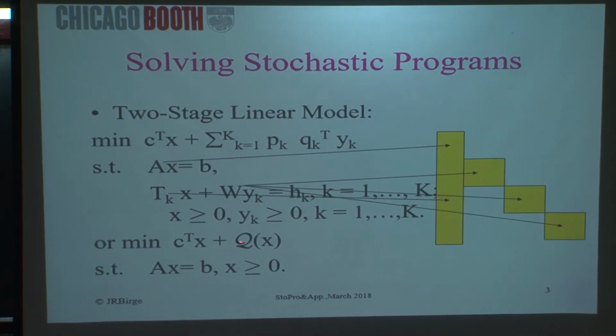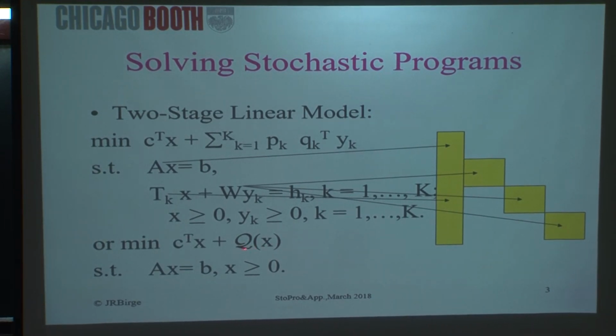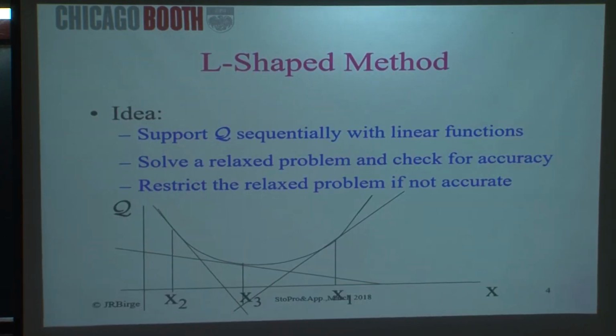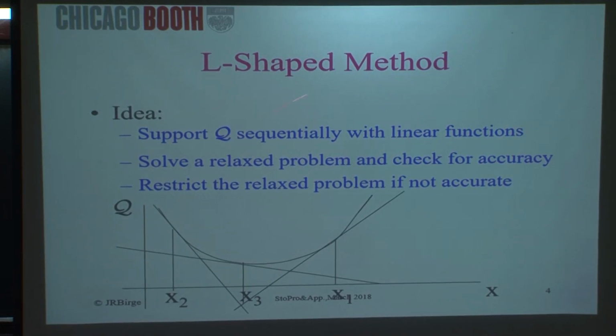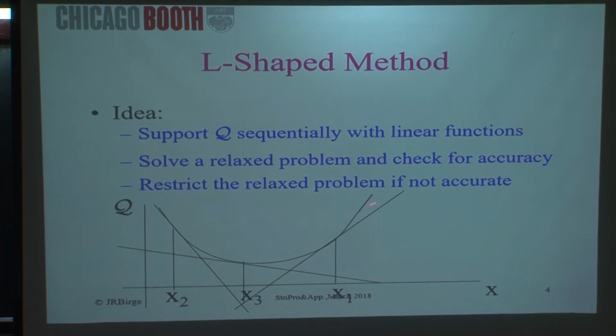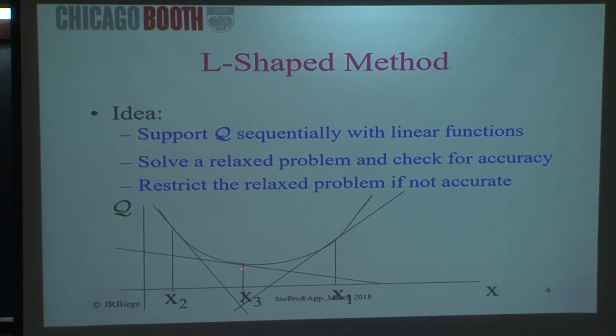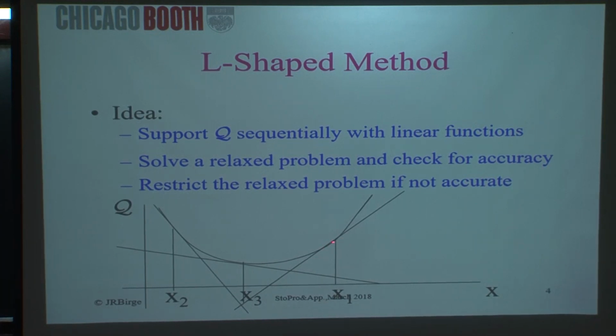And what the L-shaped method does is it basically takes a problem like this and says, I'm going to replace this recourse function Q by some set of linear constraints. So it's going to linearize the Q and set it up as a linear objective function. So we rewrite Q as a sequence of piecewise linear functions where, let's say, we get a first point x1 here.